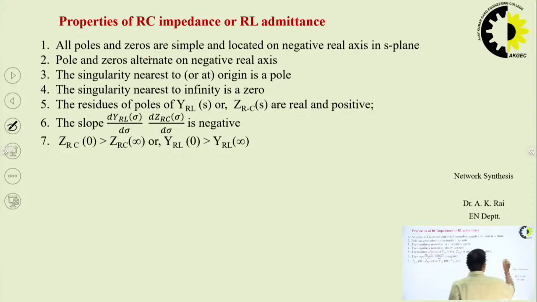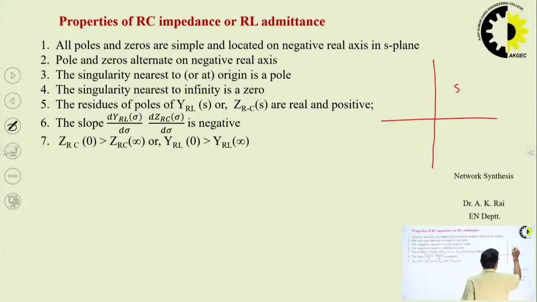So I am just drawing once again. This is your S plane. This is your j omega axis, this is your sigma. Basically this is the real S and this is the imaginary S. And then poles and zeros lie on the negative real axis on this side, and they alternate.